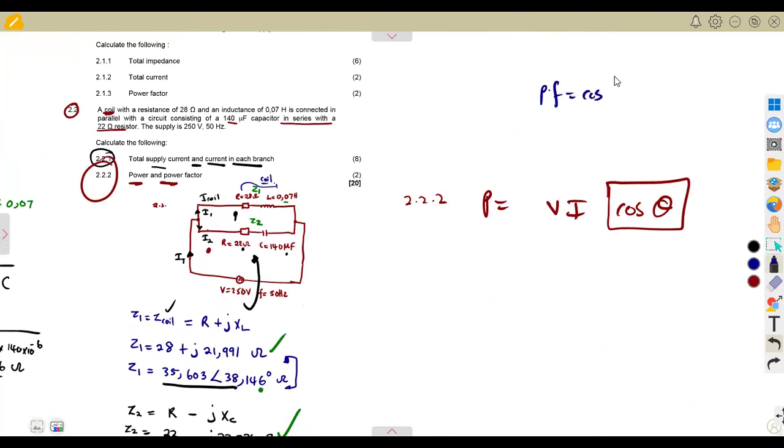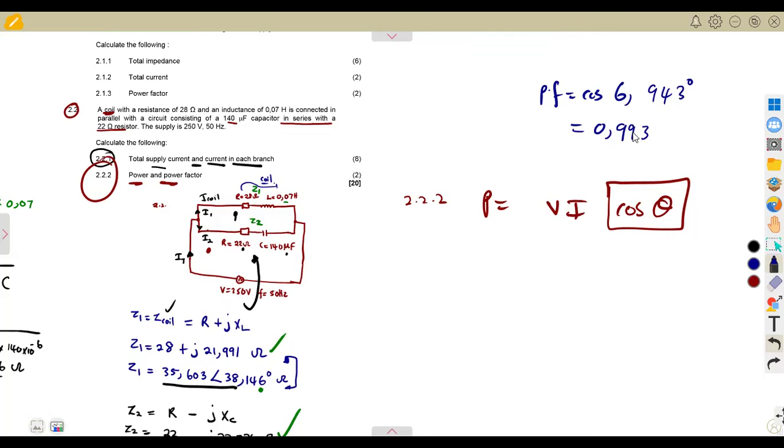The angle that we are given there was 6,943 degrees. That means we have got a power factor of 0,9. If you find this cos 6, that's 0,93. All right, something like that. So this is your power factor.